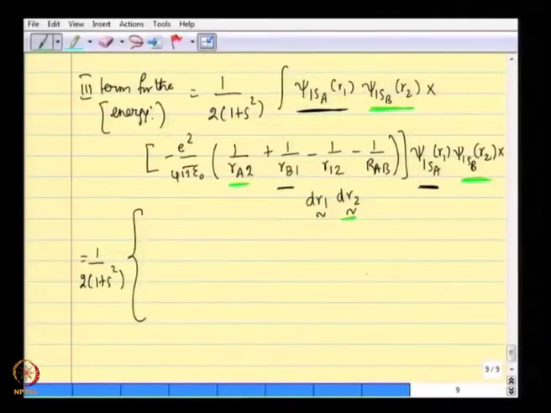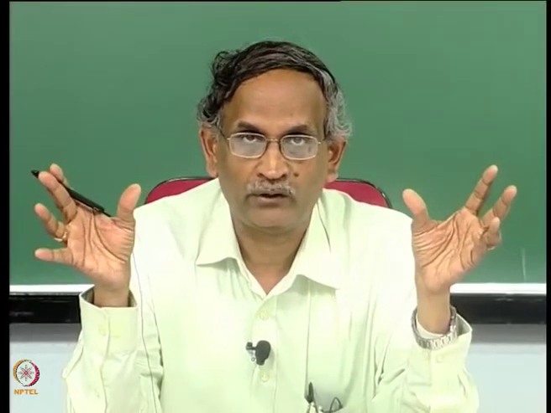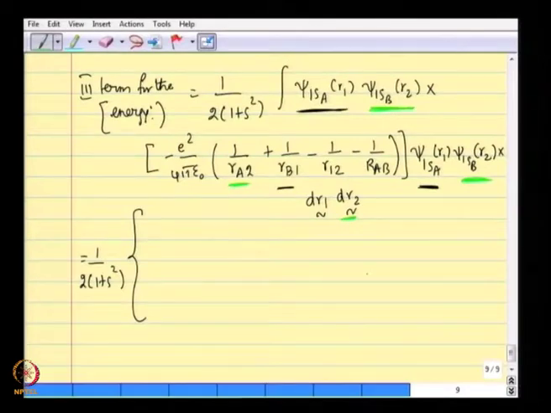And then you also have psi 1sa r1 psi 1sa r1, that is electron 1 density, and electron 2 density psi 1sB r2 psi 1sB r2, two electron densities divided by r12, which is obviously the Coulombic repulsion between the two charge densities, electron 1 and electron 2, separated by a distance r12 and summed over. Of course, that integral tells you that you are summing over all such things.